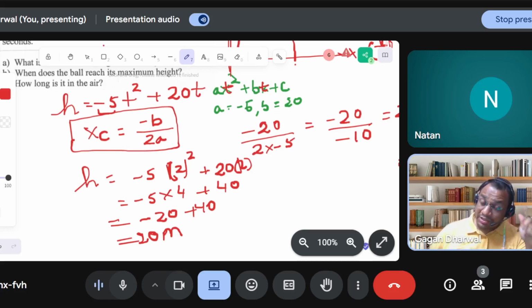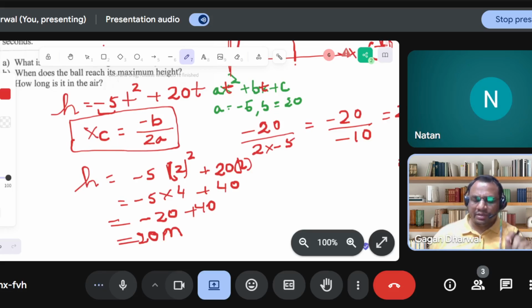And what was the maximum height after 2 seconds? We just plug in the value in the equation, and we got h as 20. Basically, this is the y coordinate of the vertex. After this question, we'll also do the vertex topic, how to find the vertex of any quadratic equation or any parabola.